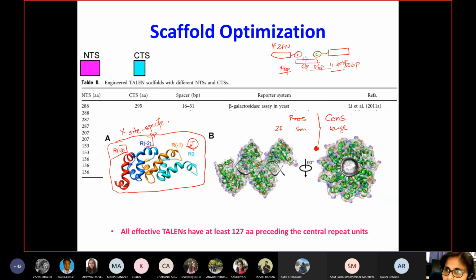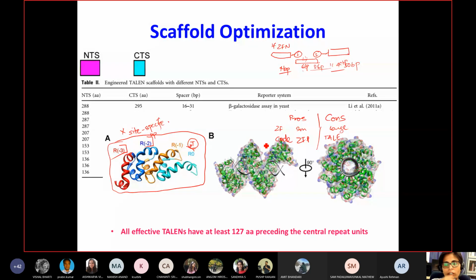But when you go for the code, when you have to construct your artificial protein, constructing your TALE is much easier than zinc finger proteins, because for zinc finger proteins you have to go in sync with positions -1, 3, and sometimes 5 or 6 residues.